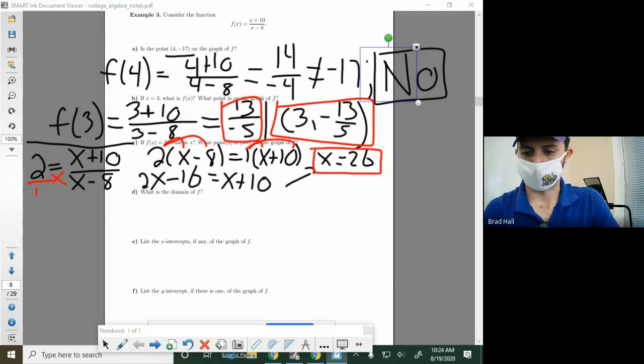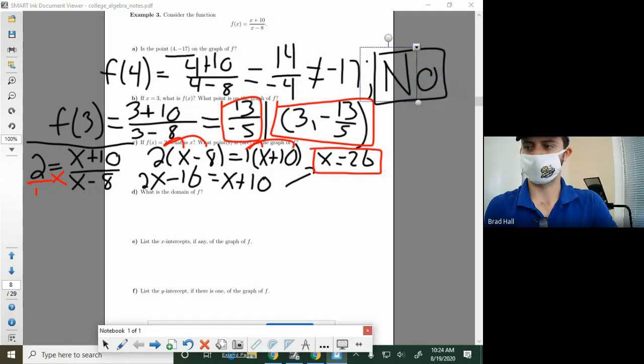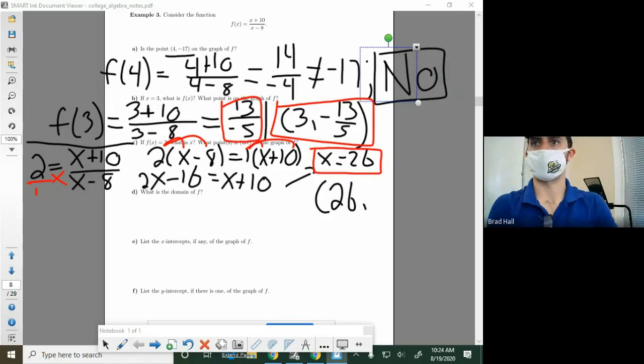The second part goes on to say, what is this as an ordered pair? As an ordered pair, we found 26 for x. Remember, ordered pairs, x's always go first. And what was the y value we plugged in? It was 2.